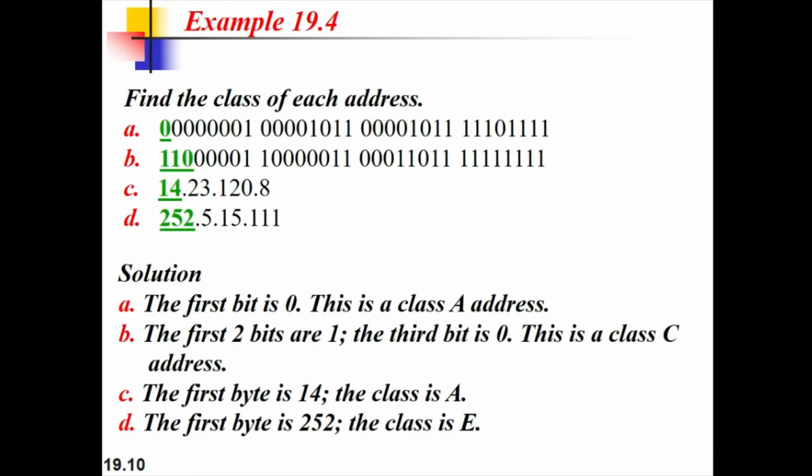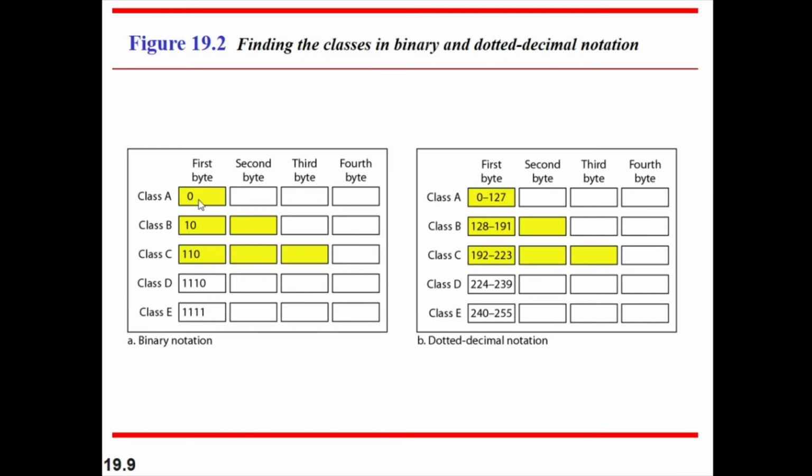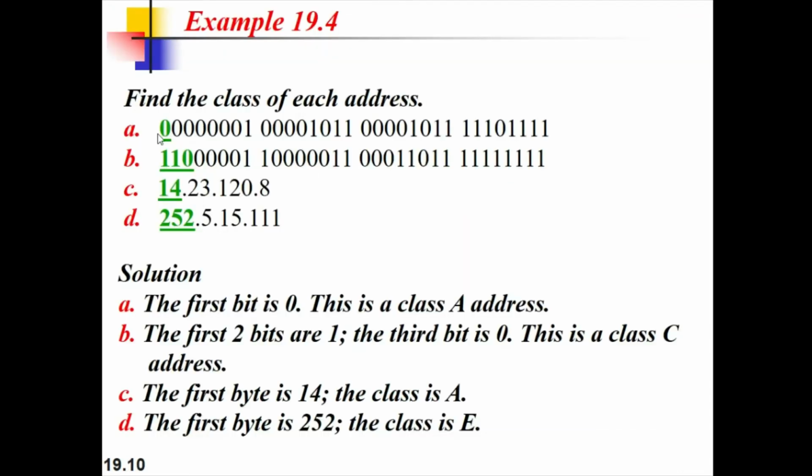Okay, for this example, find the class of each address. For A, the address is given in binary notation, so look at the first byte. The first bit of the first byte is 0, so this is class A addressing.